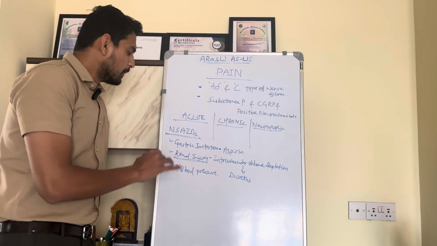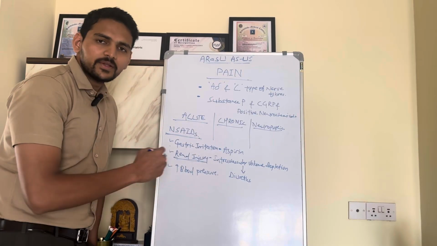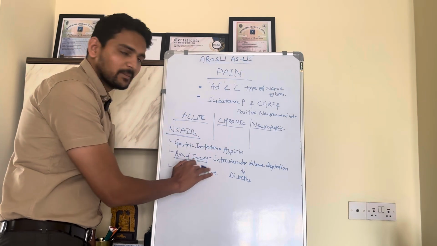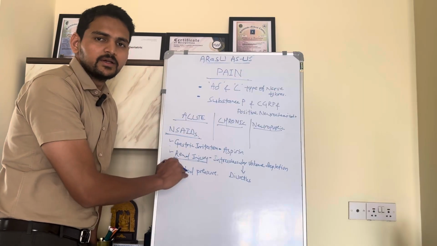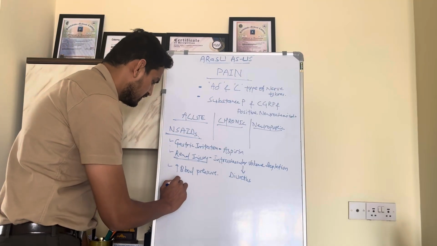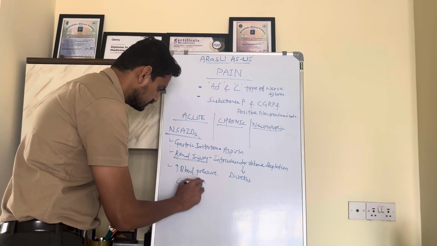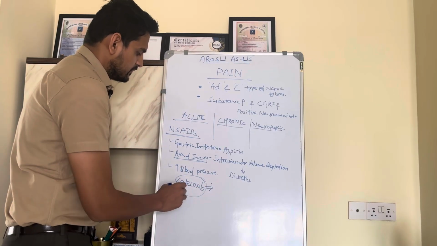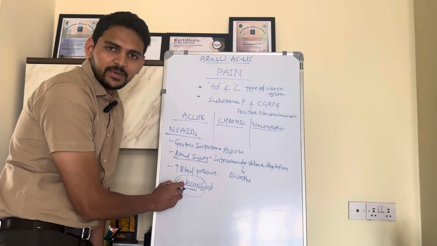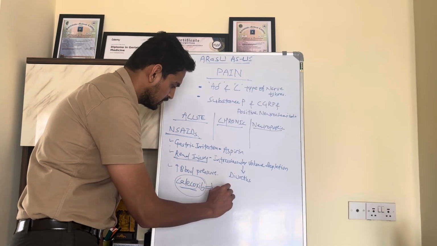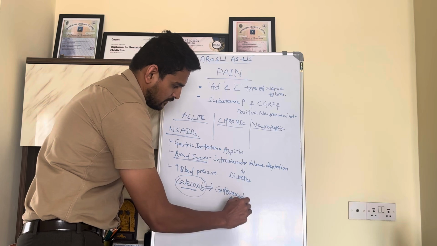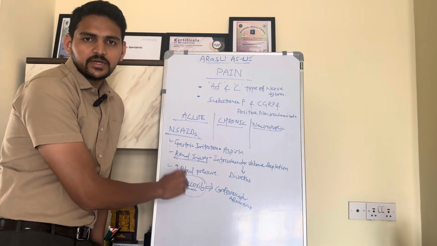And among NSAIDs, gastric irritation is mainly because of aspirin. So other NSAIDs can be utilized, and we know that acetaminophen has lesser side effects, but the problem is it doesn't have anti-inflammatory property. So we can utilize other NSAIDs. But when it comes to selective COX-2 inhibitors, for example, celecoxib, the side effects which we have mentioned might be lesser, but cardiovascular adverse events are more common with COX-2 inhibitors.